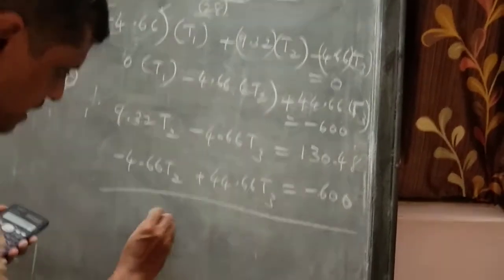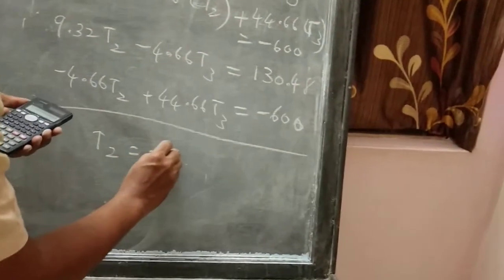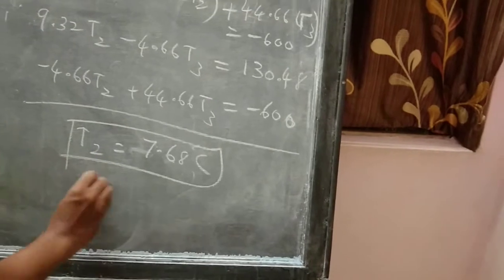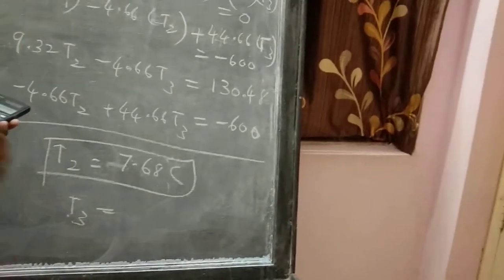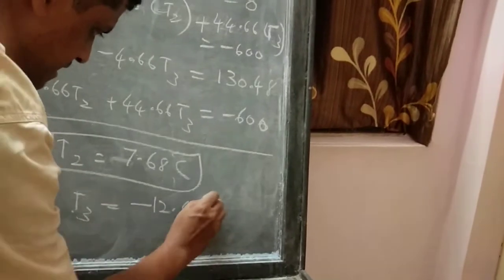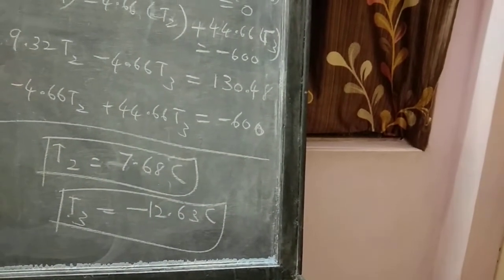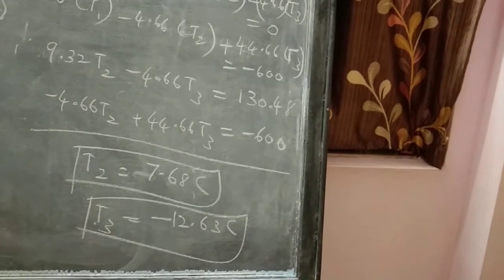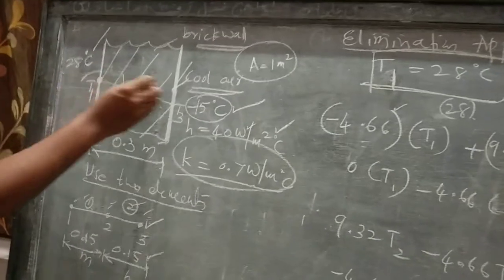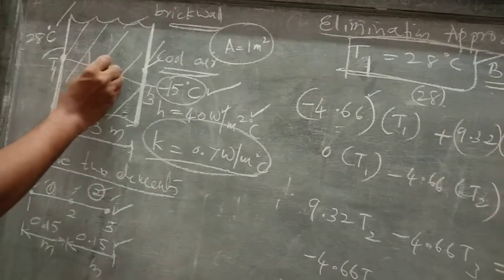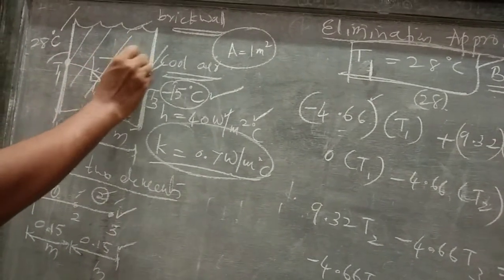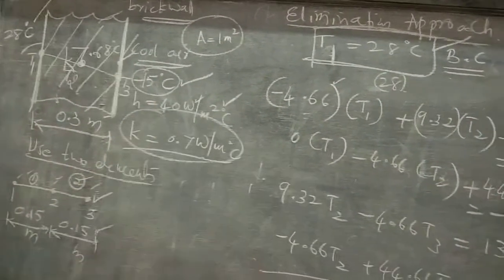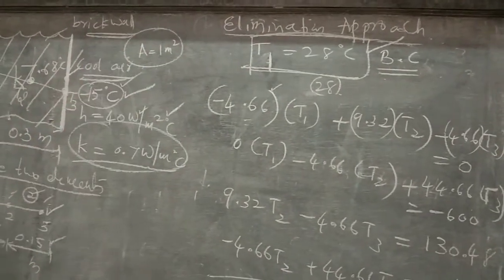Solving gives T2 as 7.68 degrees Celsius and T3 as minus 12.63 degrees Celsius. That means the temperature is distributed through the brick wall from 28 degrees Celsius, reducing to 7.68 degrees Celsius at the center, and minus 12.63 degrees Celsius at the outside wall, which is exposed to air at minus 15 degrees Celsius.